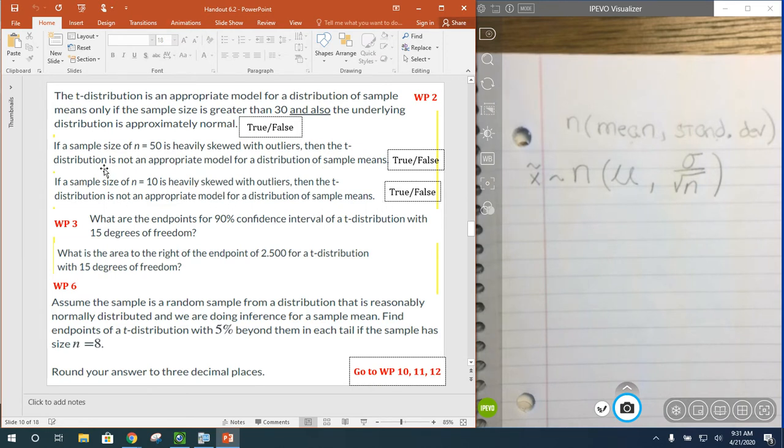In the second one, if sample size n equals 50 is heavily skewed with outliers, then the t-distribution is not an approximate model for the distribution of a sample means. You've got to watch the nots, right? We have n equals 50. We are allowed to be skewed with an outlier.